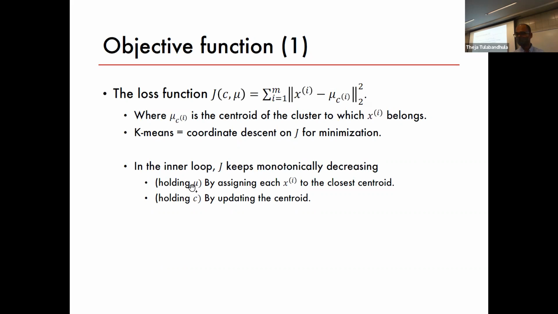Holding the cluster centers fixed, we are optimizing for C, and the way we are optimizing for C is not by gradient descent, but by just reassigning the clusters for each data point. Once we have C fixed, because this assignment procedure gives us a potential new C, given C fixed, we are updating the mu. When we update the mu, we are actually minimizing this J function.